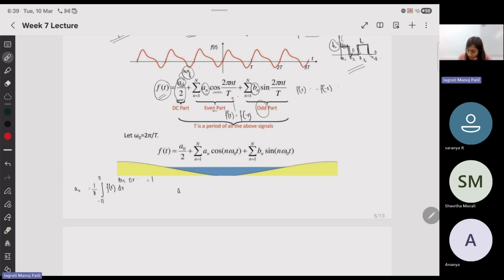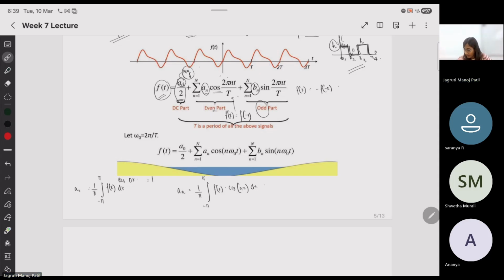Now, given a naught, how do you write an for the cos function? an would be f of x times the cos component, let's say nx in here. Here it's written with respect to time, let's say a position vector we are trying to evaluate. Similarly, with the same limits, it can be like this.